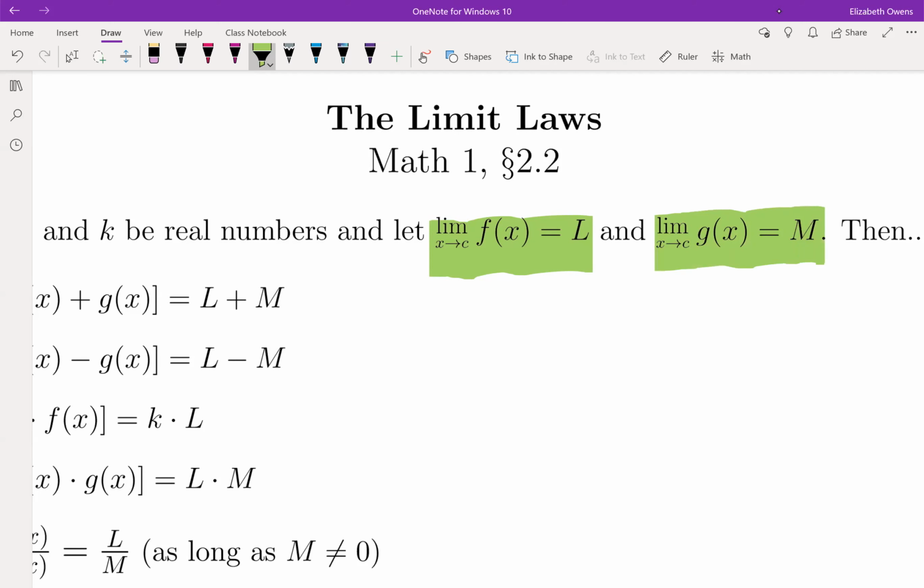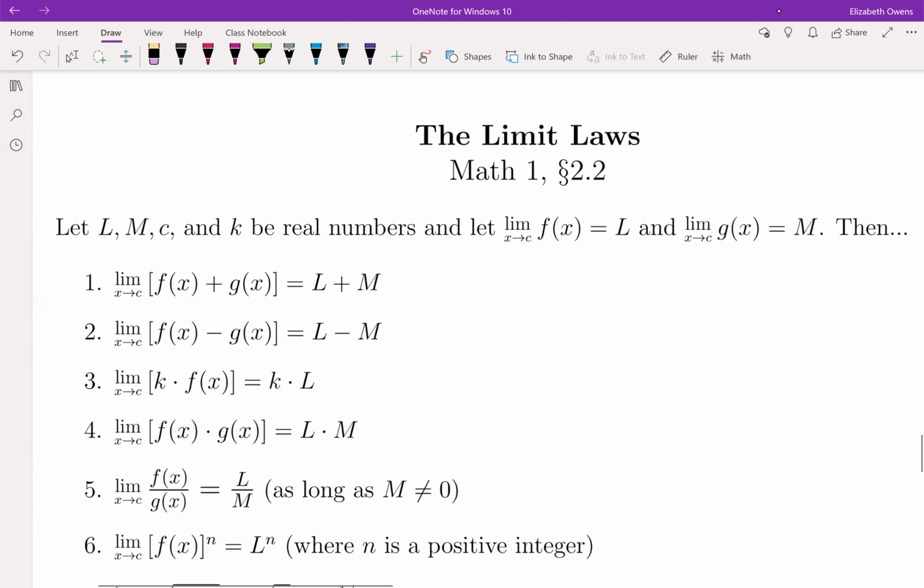So those L and M are the function values or the y values that those respective functions are approaching as x gets really, really close to c. So for these limit laws, which you don't need to memorize, the numbers of these are just numbered so that we can have a list.